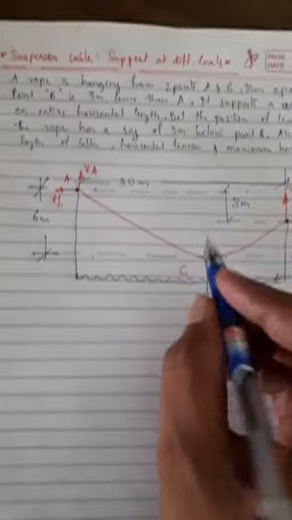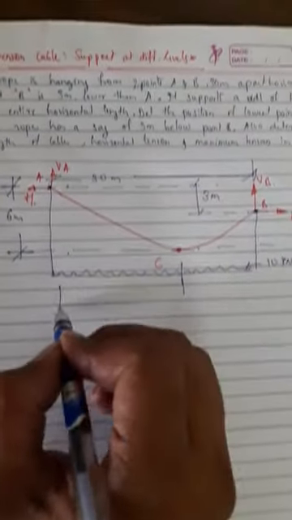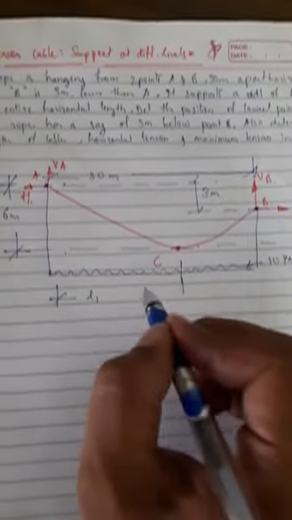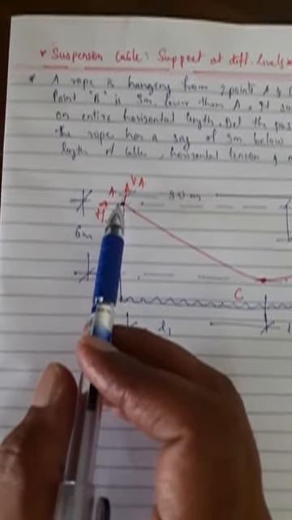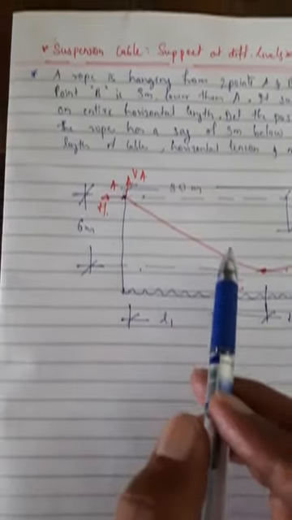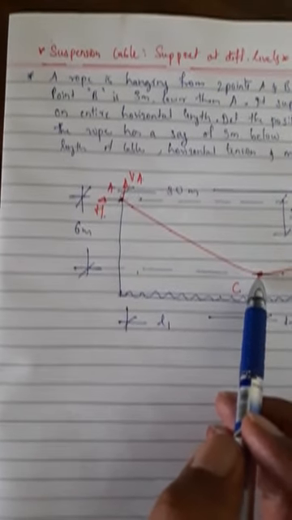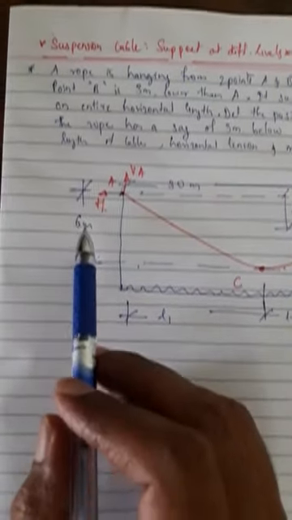The UDL is 10 kilonewtons per meter. From this lowest point, let these distances be L1, L2. Always remember, if this is my point 1, the vertical distance of point 1 or point A from the lowest point C is always measured as D1.